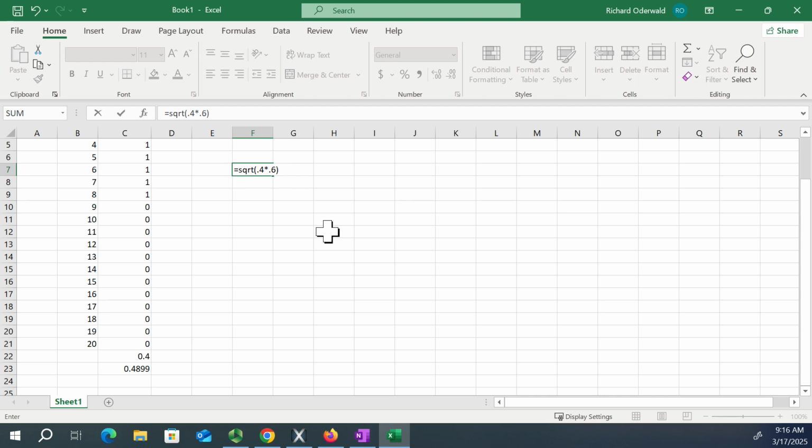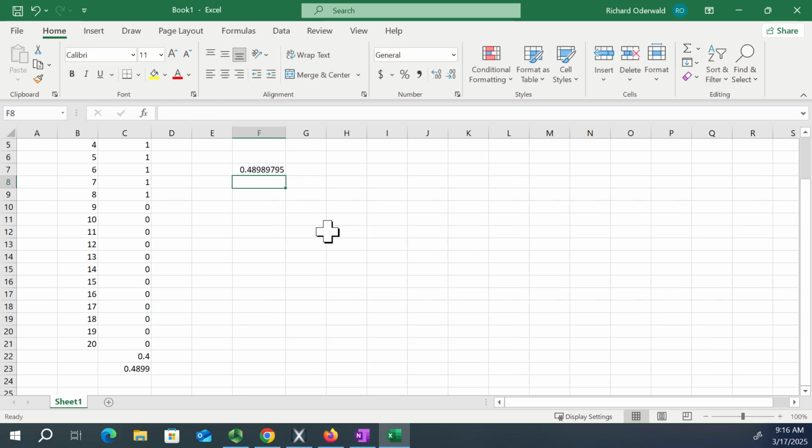This is the square root of p times 1 minus p. And it is exactly the same as the standard deviation we calculated with the regular formula. Right, so everything is the same except for this dot p business.